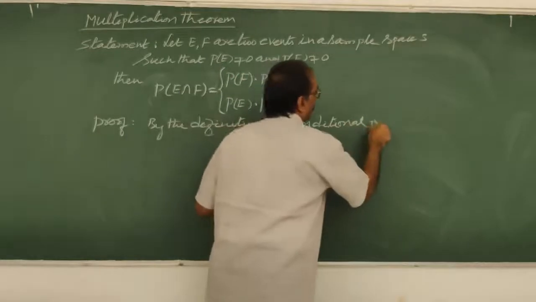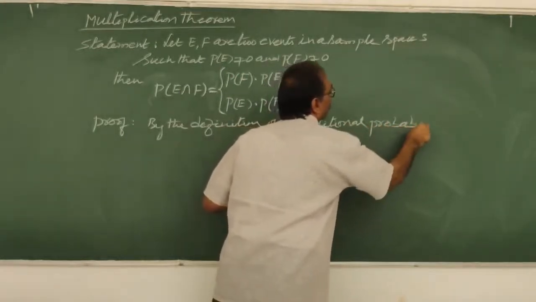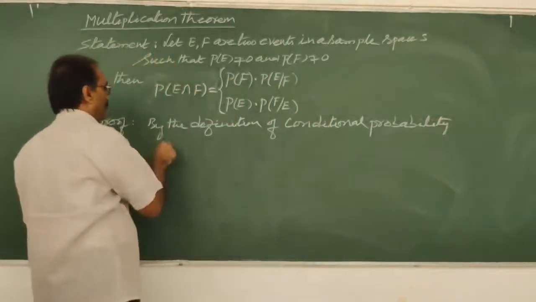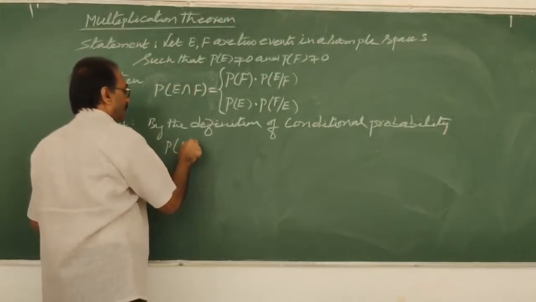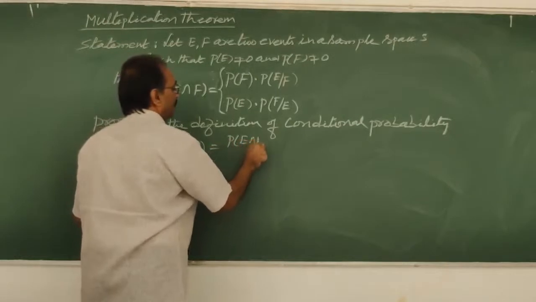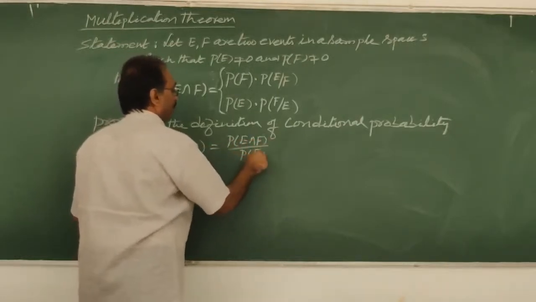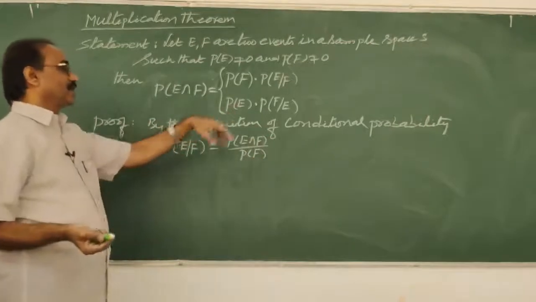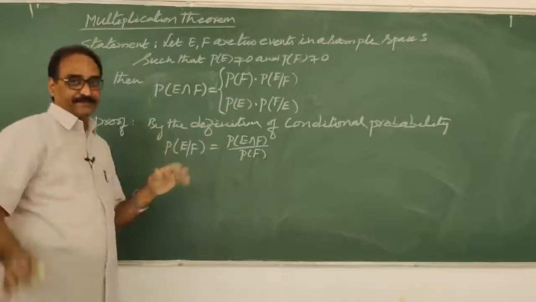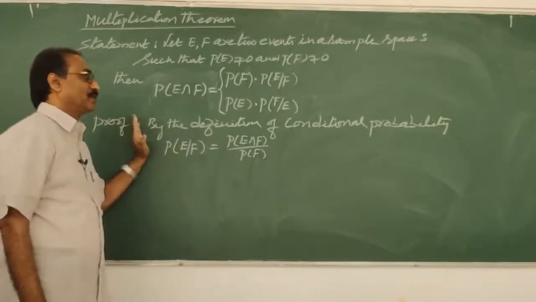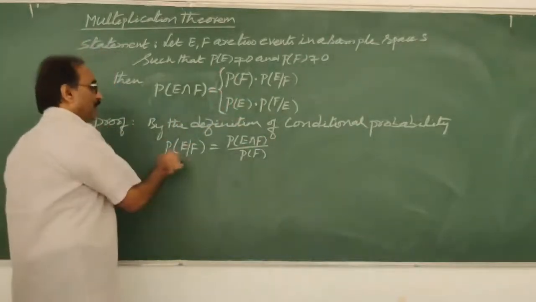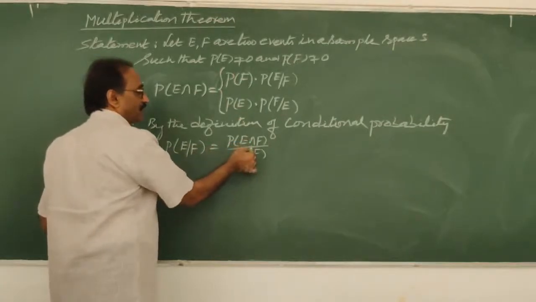Instead of just writing that, it is better if you write the definition of conditional probability. P of E given F is equal to P of E intersection F by P of F.